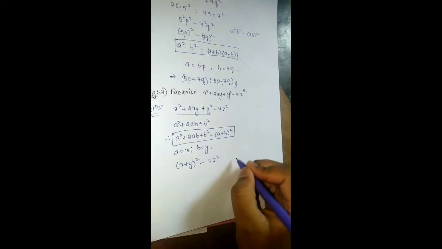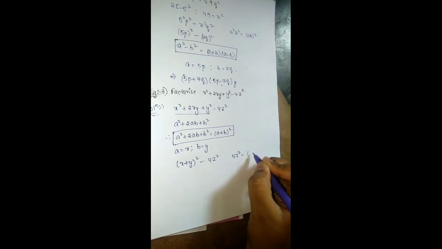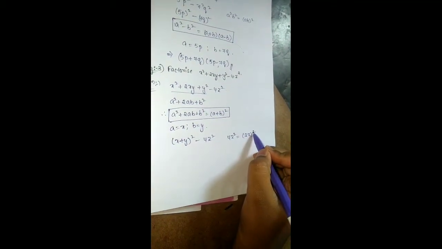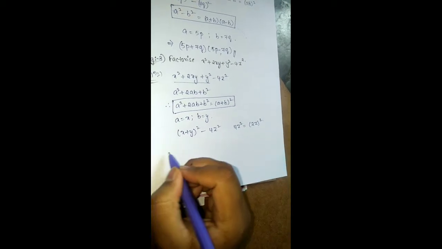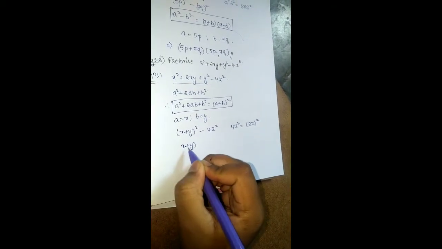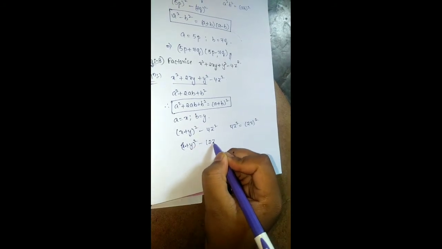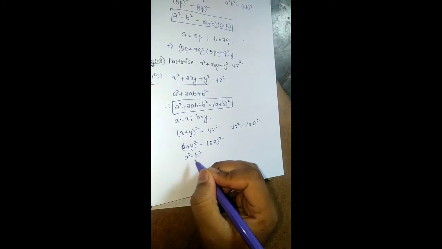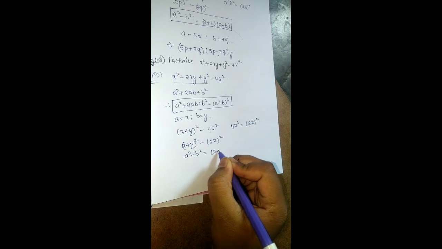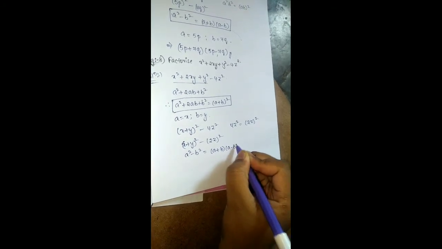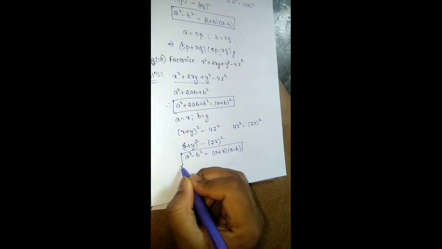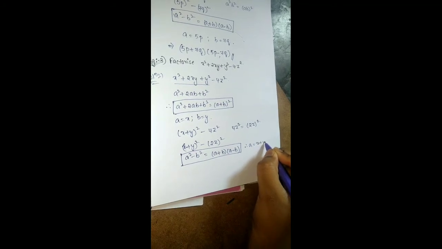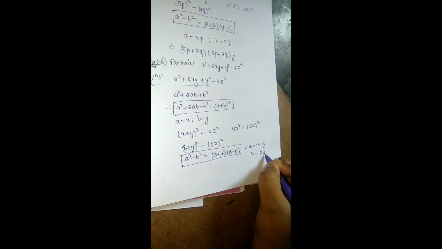This 4z square we can write as (2z) whole square, since 2 square means 4 and z square means z square. So (x plus y) whole square minus (2z) whole square. It is in the form of a square minus b square. The formula for a square minus b square is (a plus b) into (a minus b). So here a equals x plus y and b equals 2z.